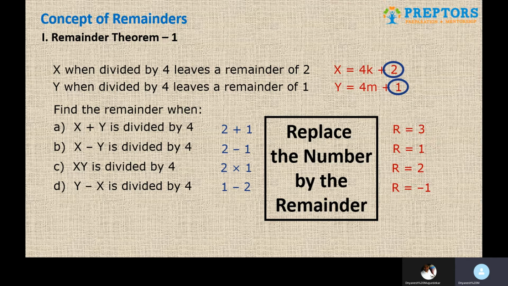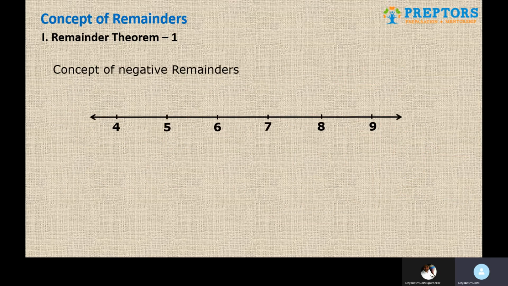And now going back to the same query, which is the idea of negative remainder. Let's explore that in detail. On the number line, we have written some numbers: 4, 5, 6, 7, 8, 9, because we were dividing by 4 in the questions we were discussing. Let's try to represent all these numbers as multiples of 4, going from left to right as well as right to left.